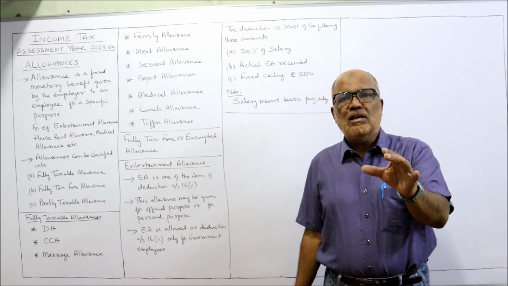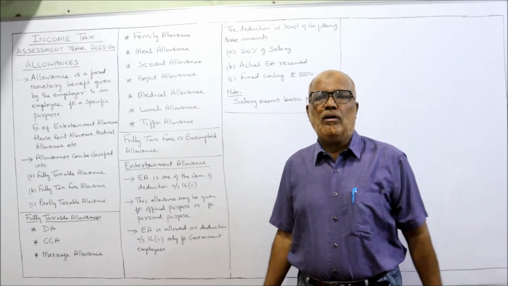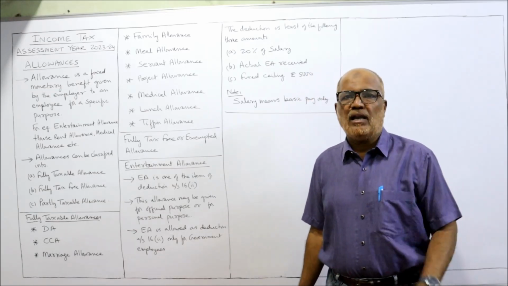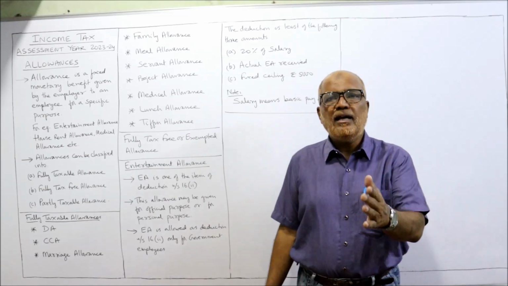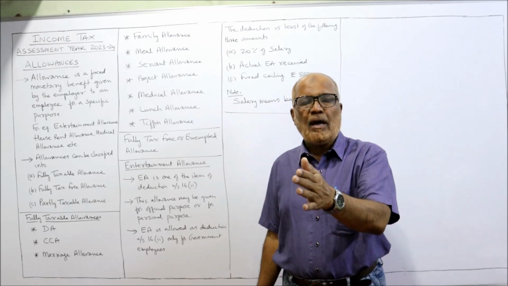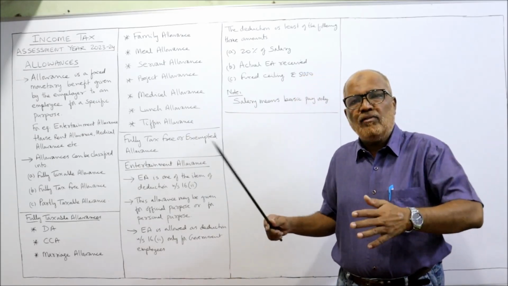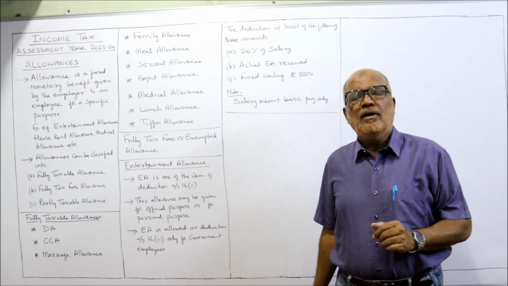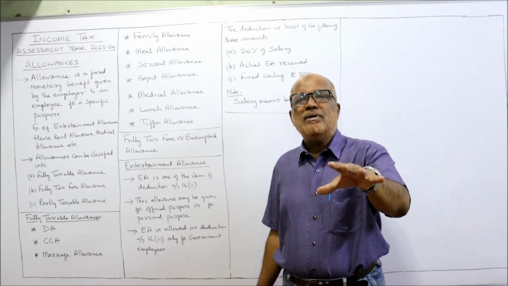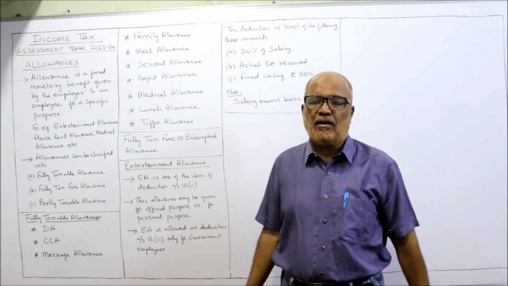Now fully tax-free allowances. Very few allowances are completely tax-free or exempted. Example, an allowance given to an Indian citizen who is posted abroad, where the government is giving the allowance. For example, Indian ambassadors appointed for the embassy in America or any other country. Every country will have an Indian embassy, and for that embassy, ambassadors are appointed by the Indian government and sent to that country.